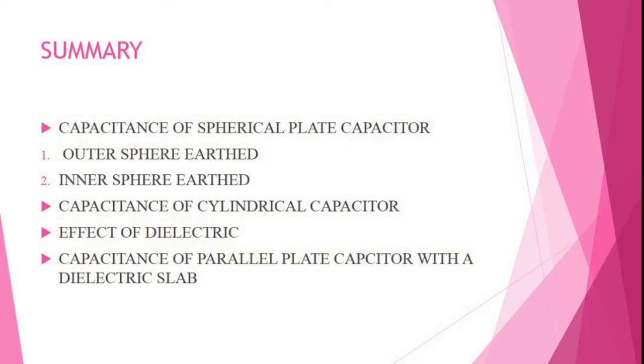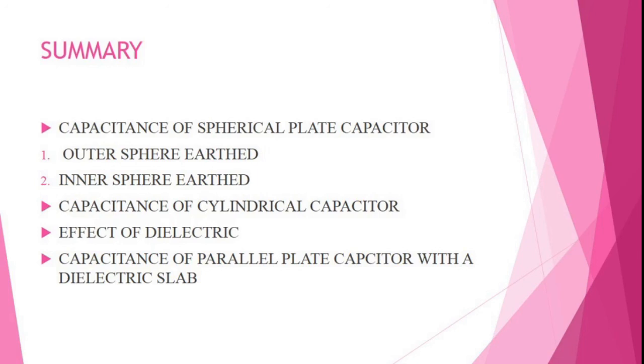So we had seen in today's class the capacitance of a spherical capacitor with outer sphere earthed and inner sphere earthed, then the capacitance of a cylindrical capacitor. Effect of dielectric, that means capacitance increases when we replace the air with a dielectric medium, found out by Faraday. Then the capacitance of a parallel plate capacitor which is partly filled with a dielectric slab.